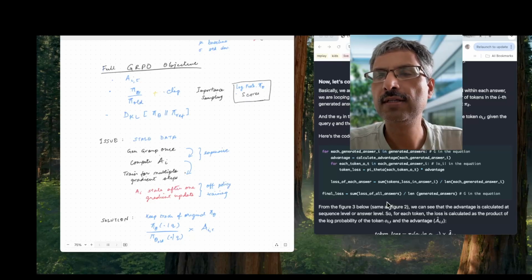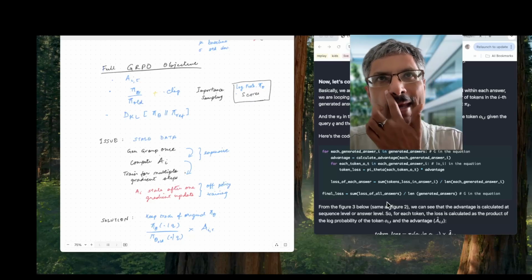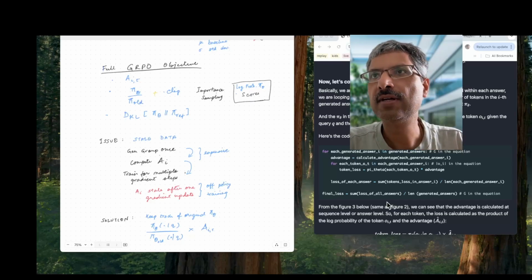You generate these rewards and compute the gradient based on those rewards. After you compute the gradient, the model parameters are different from the ones that were used to compute the original reward. So it goes off policy. That's what's called off policy. Essentially, the training sort of diverges from the supervision, which is the reward.